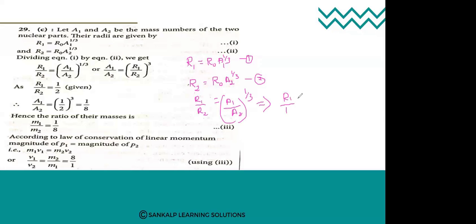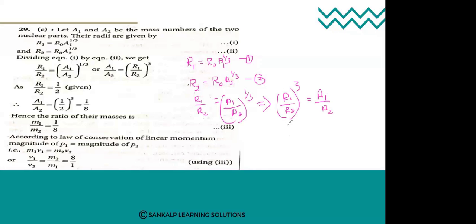R2 is equal to R naught A2 raised to 1 by 3. This is the second equation. Now dividing equation 1 by 2, R1 upon R2 is equal to, R naught gets cancelled, so we have (A1 upon A2) to the power of 1 by 3. Rearranging, (R1 by R2) cubed is equal to A1 upon A2.